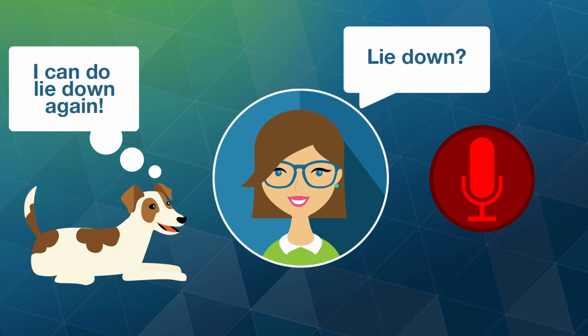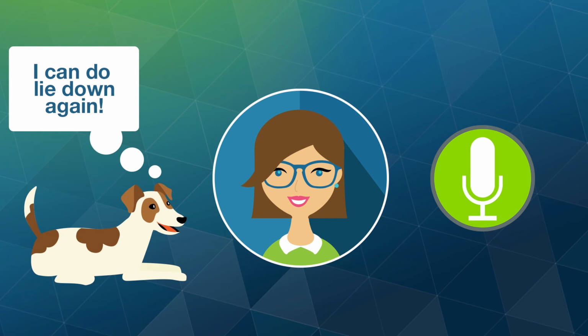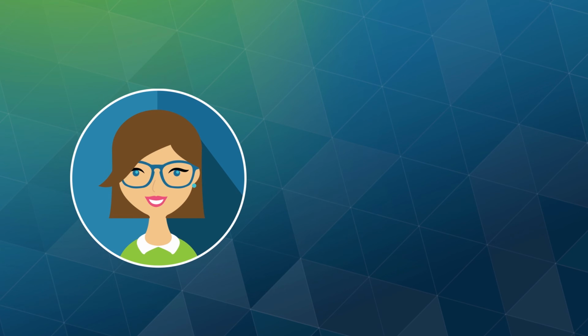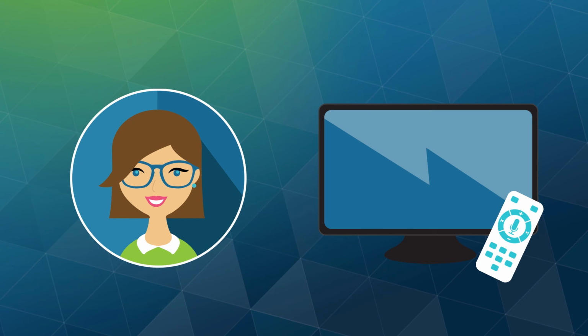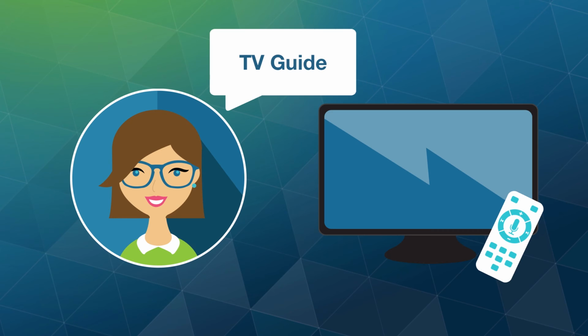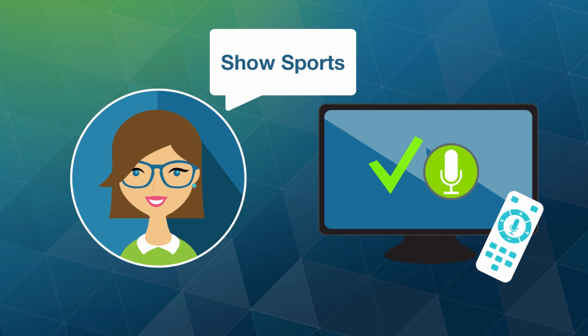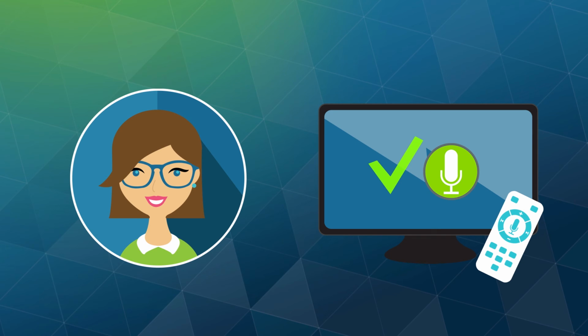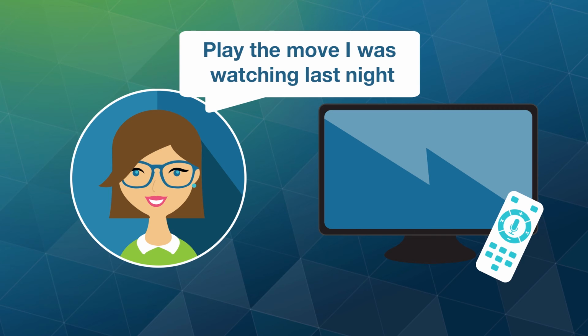For example, if you're speech enabling a TV, there's nothing preventing you from giving it the ability to recognize things like "play me my favorite movie." But when people first walk up to a TV and interact with it, they're going to say much simpler things like "TV guide" or "sports" or maybe "go to channel 5" to see if it understands those. And then if it does, they get more confidence to say more elaborate things.